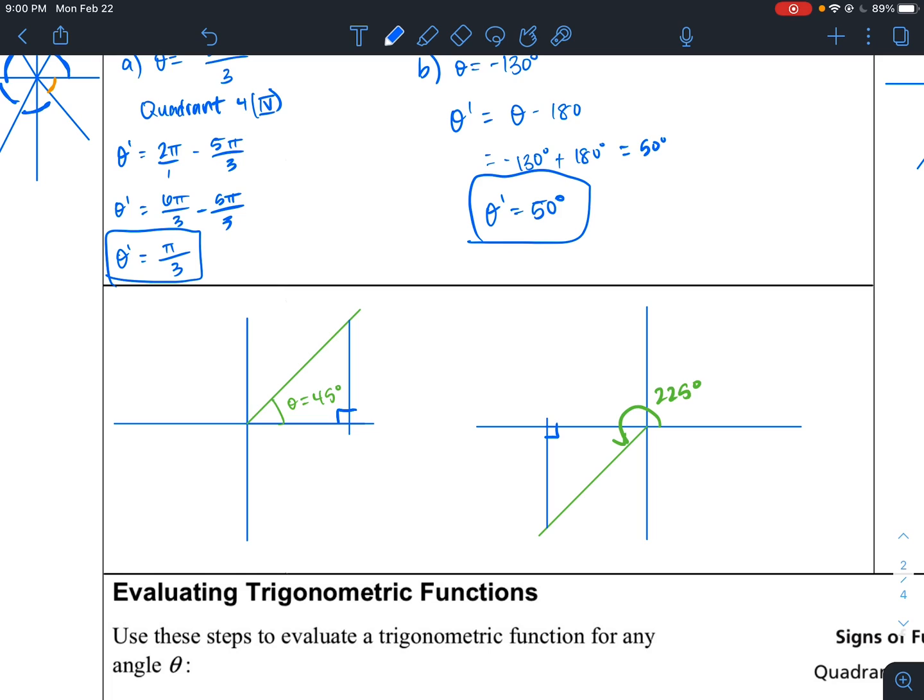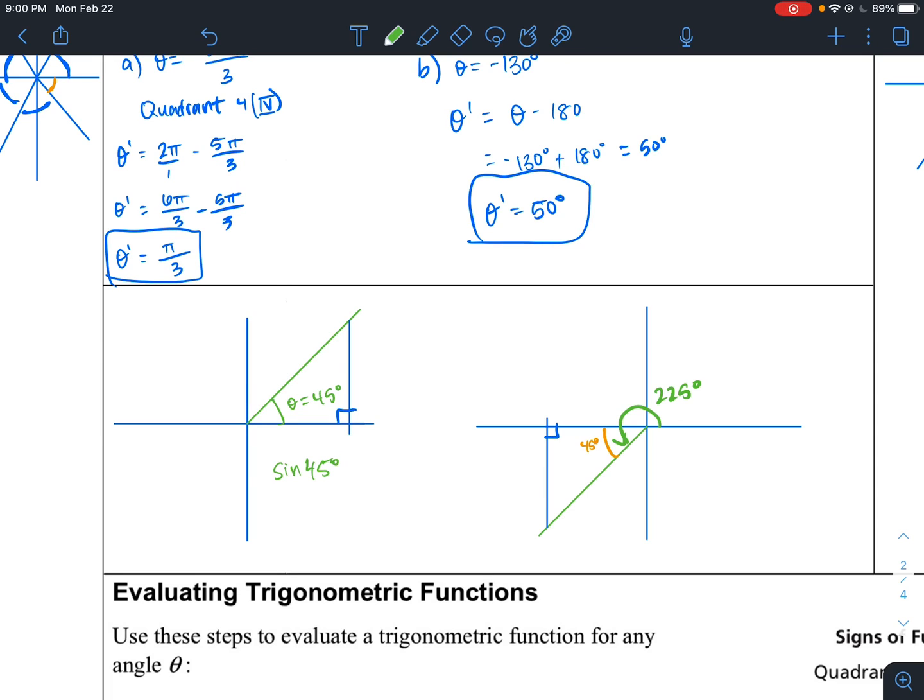Now, the reference angle here is 45 degrees. But we'll just note that for just a second. Let's say if I find sine of 45 degrees.